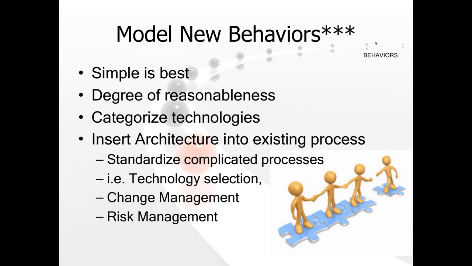Okay, so a part of these behaviors that you really want to model and demonstrate, think about this. If you are trying to do quick wins, simple's best. And so if every time you sit down and evaluate a decision, maybe it's your degree of reasonableness.